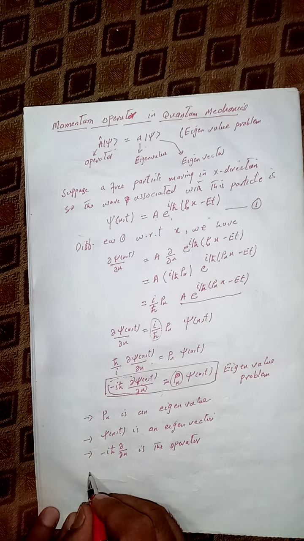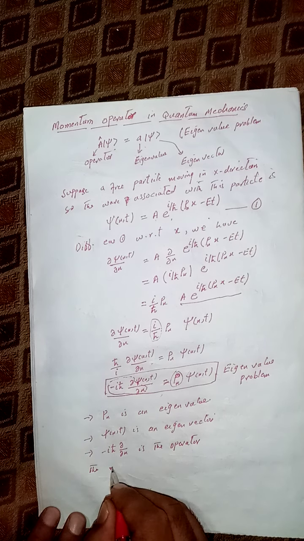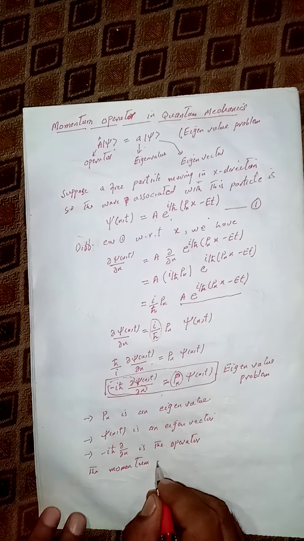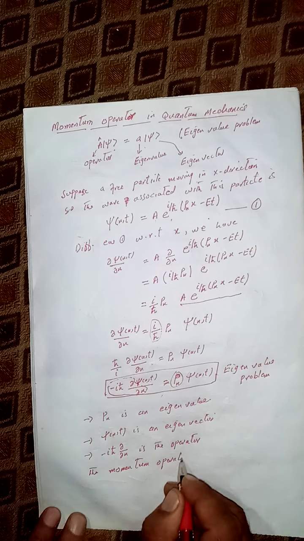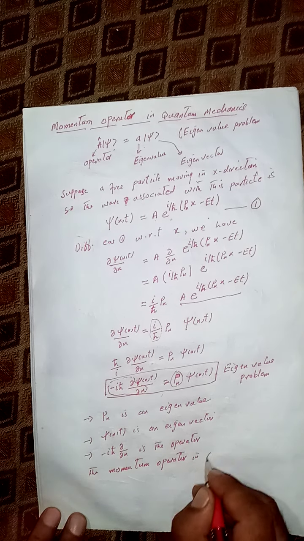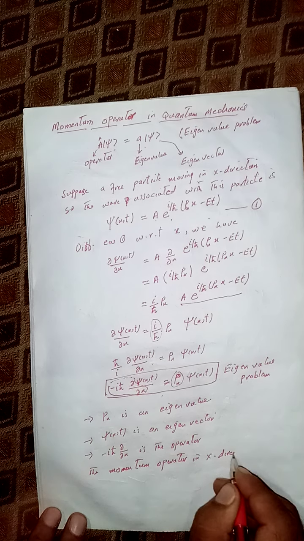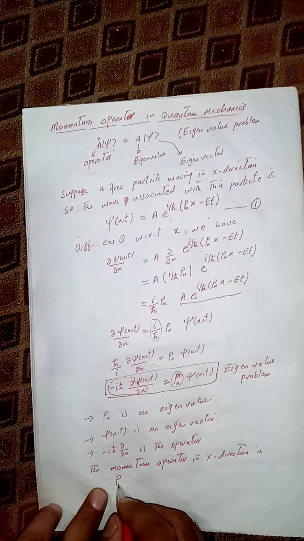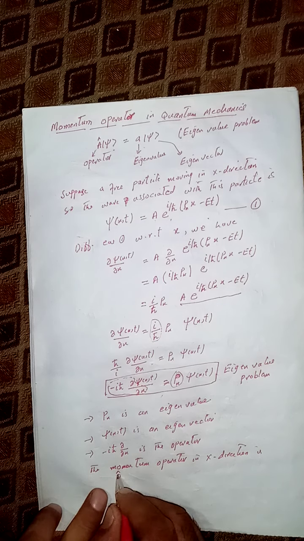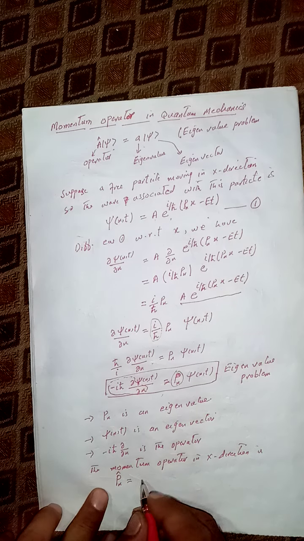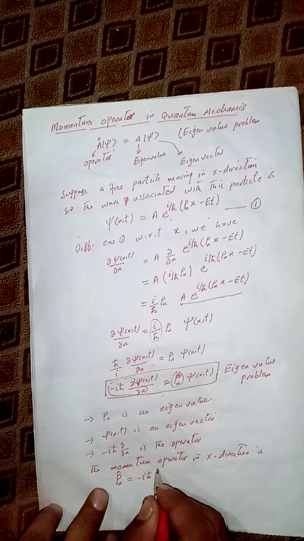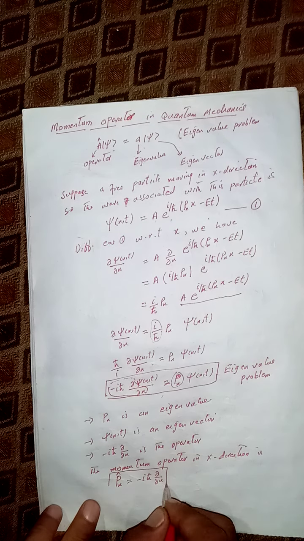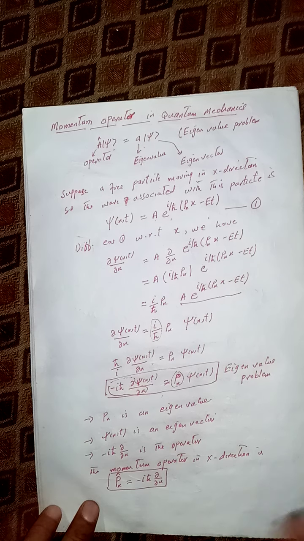So it means that the momentum operator in x direction is p_x. For an operator we use a cap above it. It is minus iota h bar partial by partial x. This is the momentum operator along x direction.